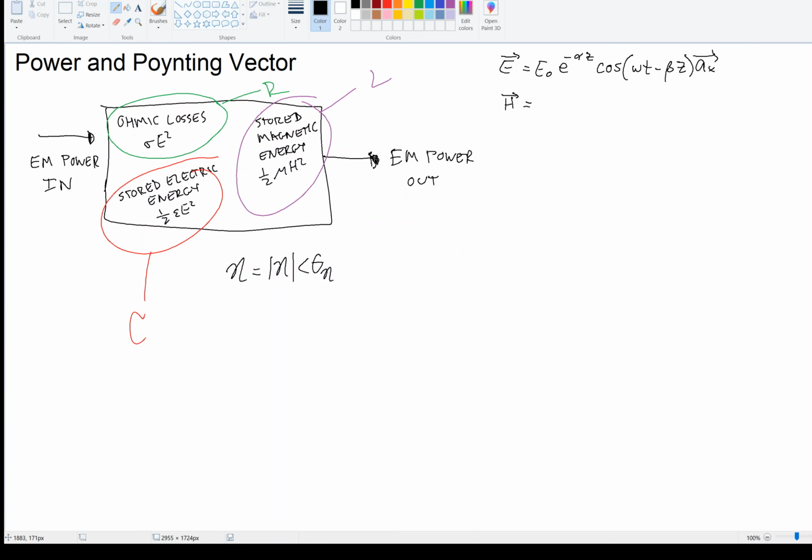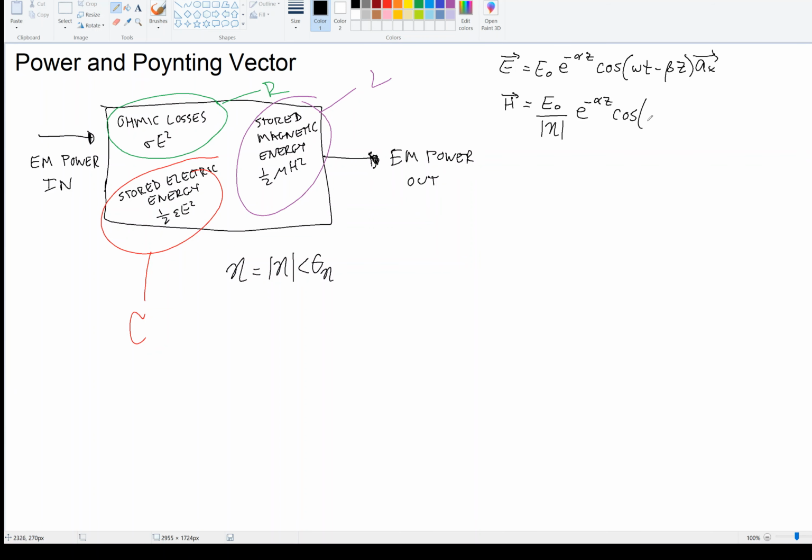So how does the magnetic field behave then? Well, the amplitude gets scaled by the magnitude of eta, think about complex arithmetic.